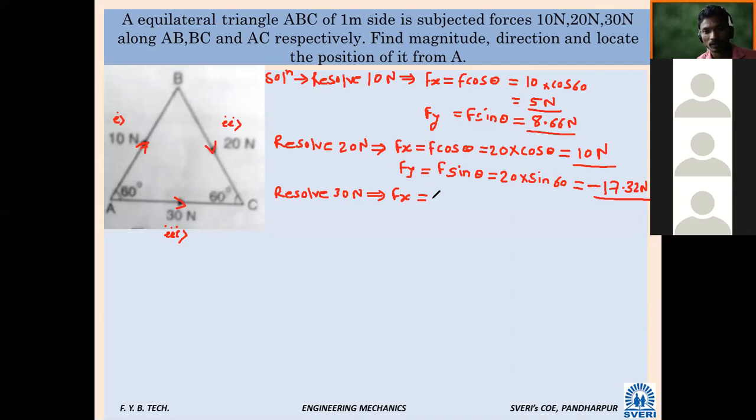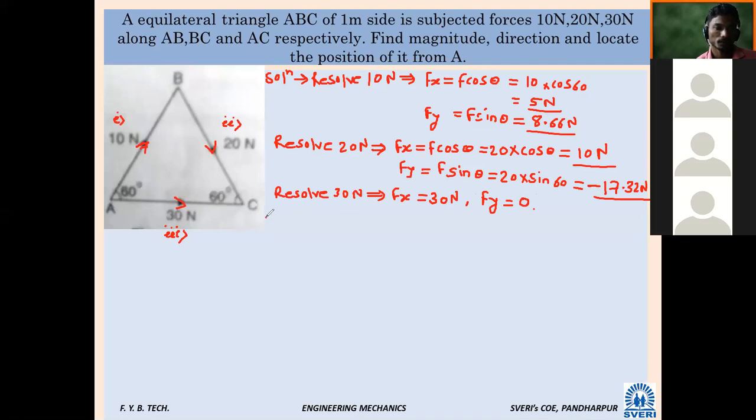So it will have only an x component and its value will be 30 Newton. Any problem? No, sir. What will be its y component? 0. Any problem? No, sir.